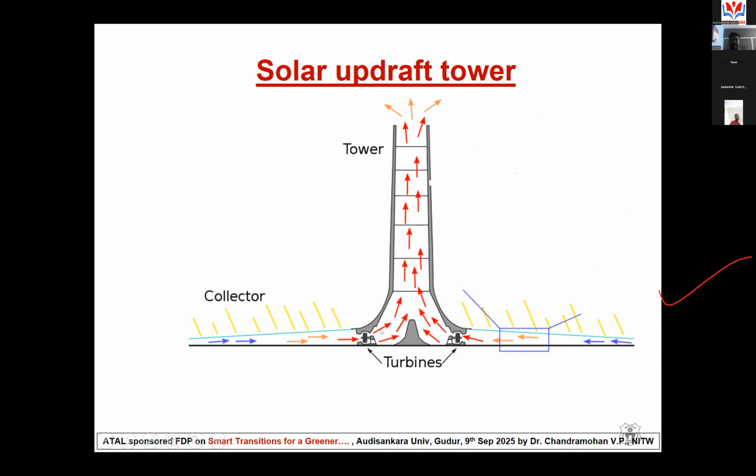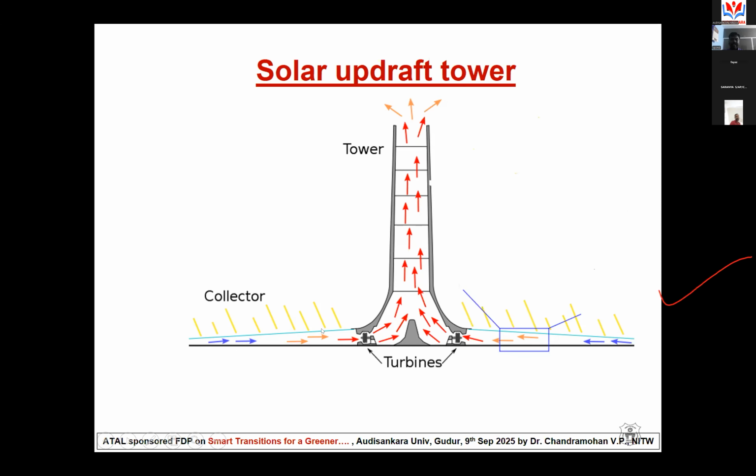The air will enter inside, and the solar air collector will collect the solar energy and transmit it inside the tower. Therefore, the air that entered will get heated.